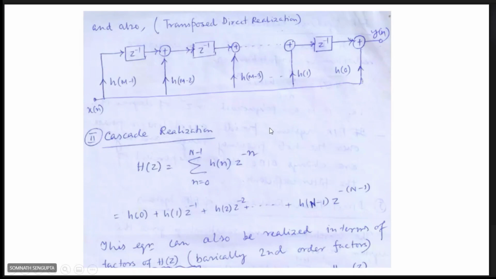So this is direct realization. Then what is cascade realization? You must listen to it carefully, because after this I will give you one assignment. So that thing you have to do right now. So cascade realization. Cascade means several stages are cascaded in series.